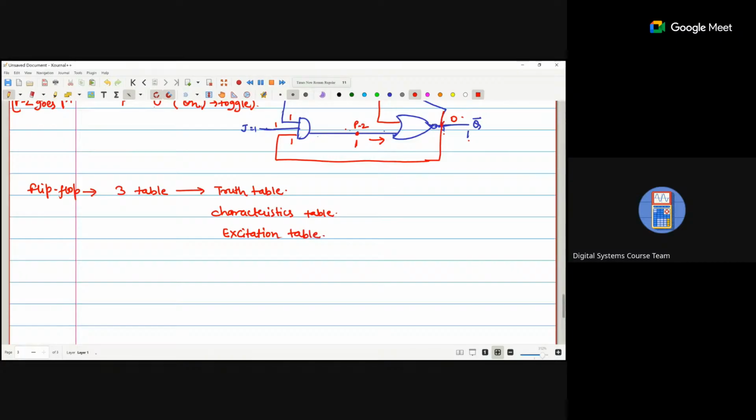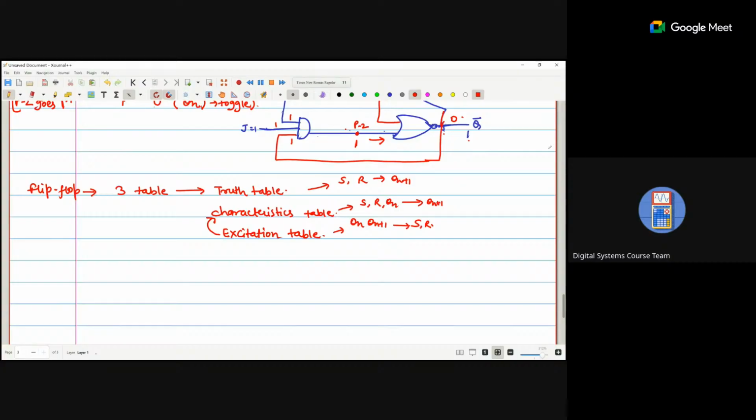The truth table is when we have two inputs, S and R, and we get the output Qn plus 1. Characteristics table is when we have inputs S, R, and Qn, and we get an output Qn plus 1. Excitation table is just the opposite: when we have inputs Qn and Qn plus 1, and we have an output in terms of S and R. Okay, so this excitation table will be drawn with the help of the characteristics table.